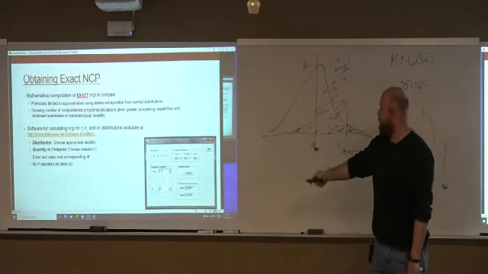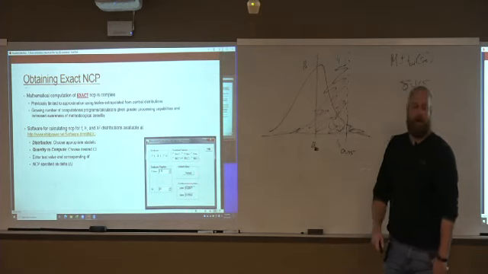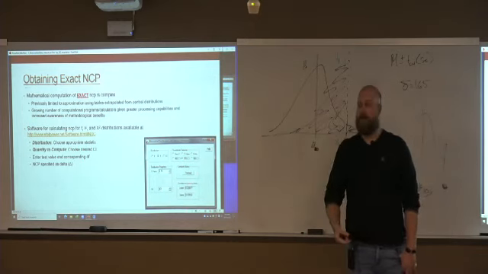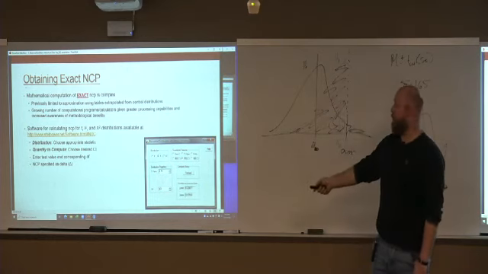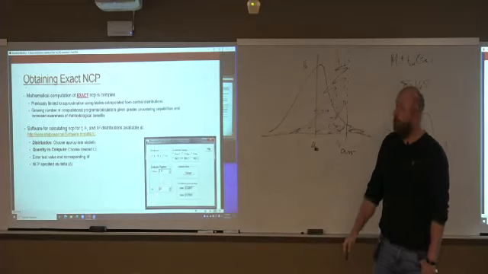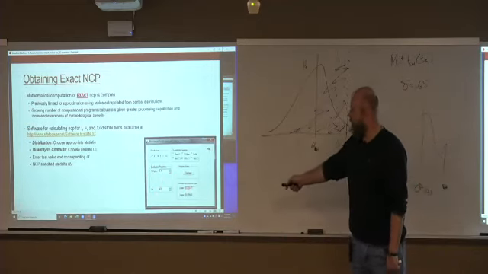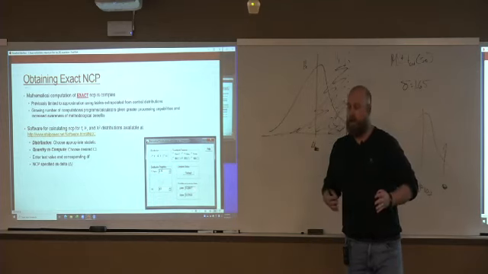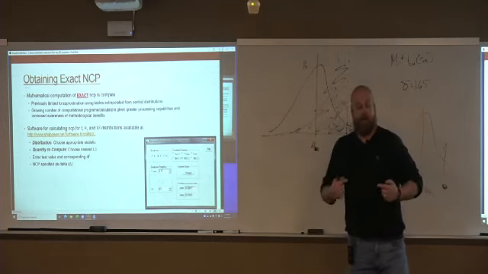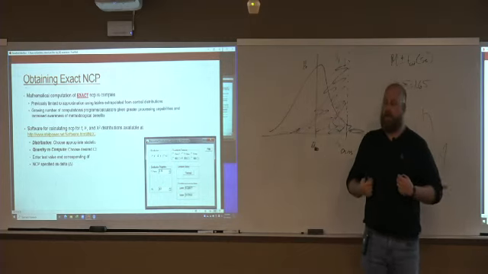And what it's going to do is give you an upper and lower bound for your non-centrality parameter. So for a T value of 6.78 with 43 degrees of freedom, this is giving you an estimate of the non-centrality parameter, and a lower and upper bound for that non-centrality parameter. Okay. But what do we say non-centrality parameters represent?